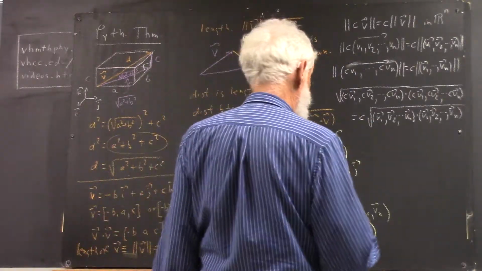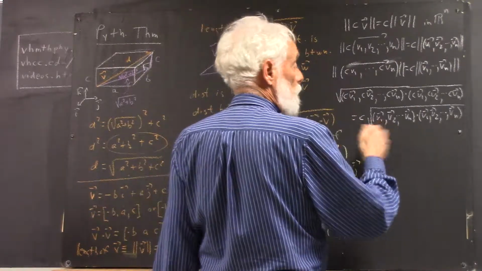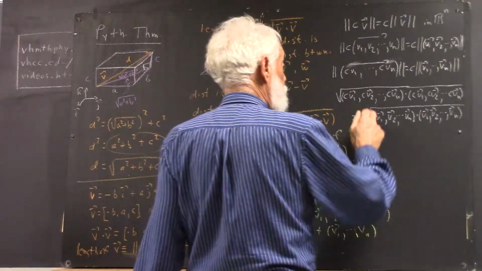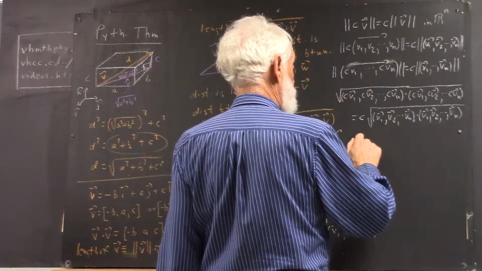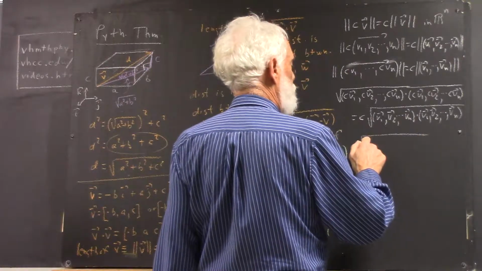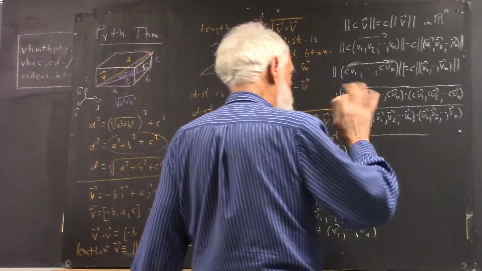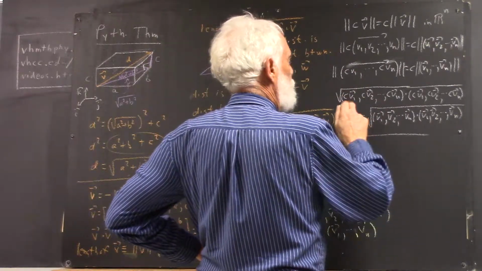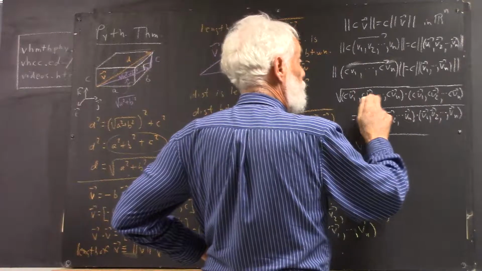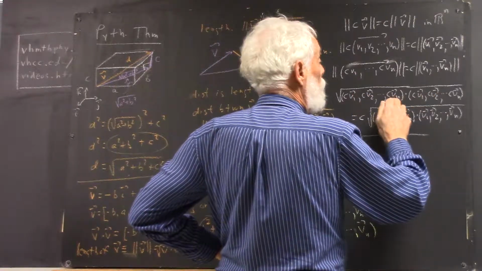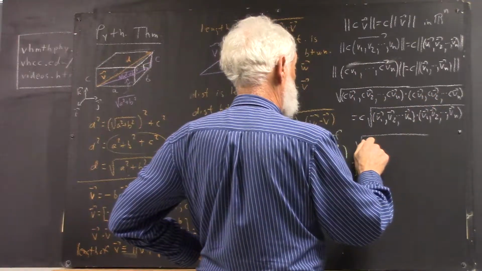Well, dot products are easy to do, and I'm not going to write out the details of that. This dot product is what? It's the square root of cV1 times cV1 plus cV2 times cV2, all the way up to cVn times cVn.